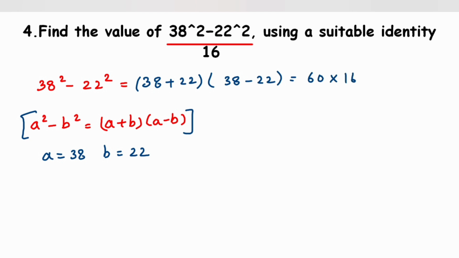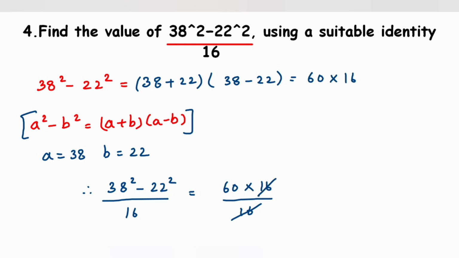Okay, so we got the numerator part. Now we're going to substitute here. So therefore 38 square minus 22 square upon 16 is equal to 60 multiplied by 16 upon 16. Cancel 16 and 16, we'll get the answer equal to 60, and this is the answer for this problem.